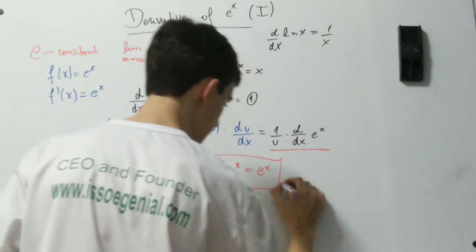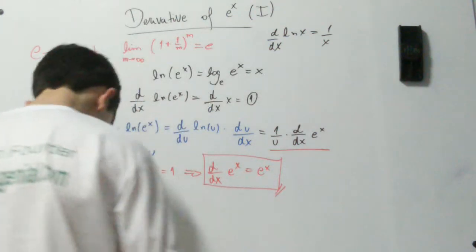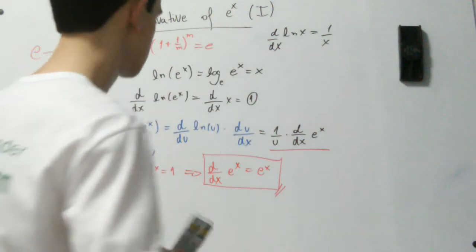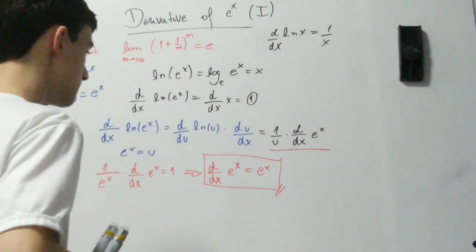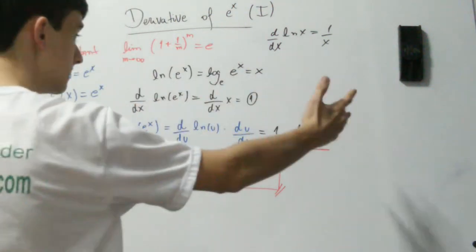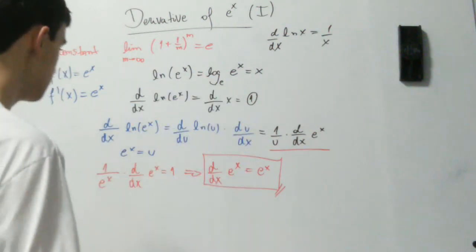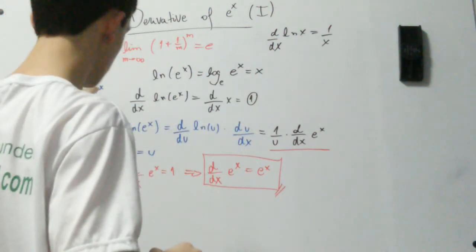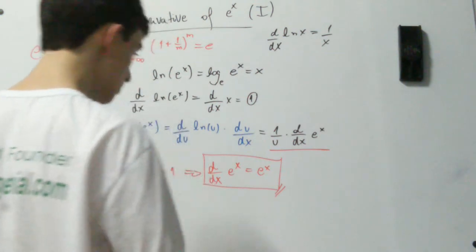And now we have proved the derivative of the function e to the x as we wanted. So we made no mistakes here. This is a different way of proving that the derivative of e to the x is equal to e to the x.